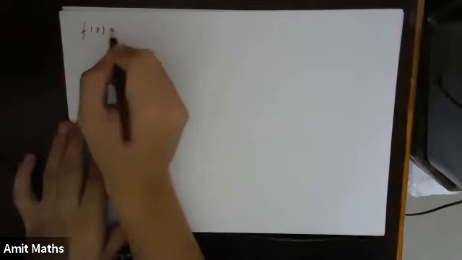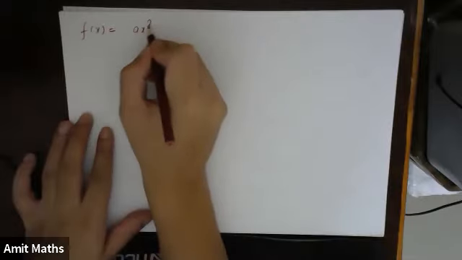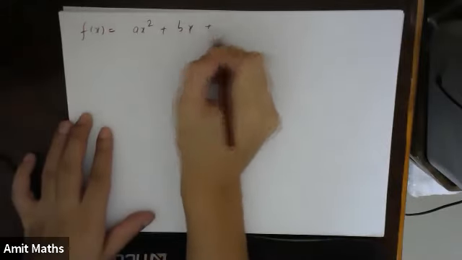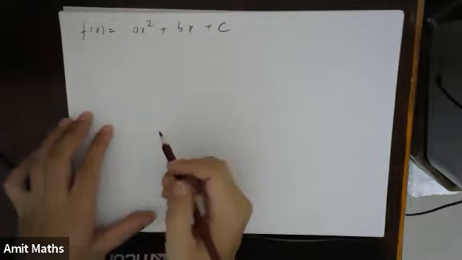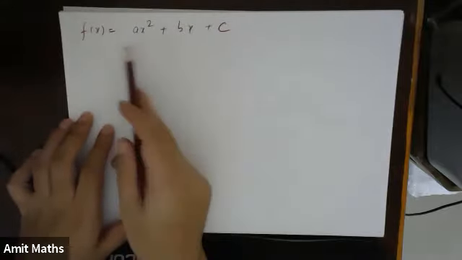Fine. Let's see. So taking the previous example, suppose f of x is equal to ax square plus bx plus c. Now I have to check what is the even part of this function.